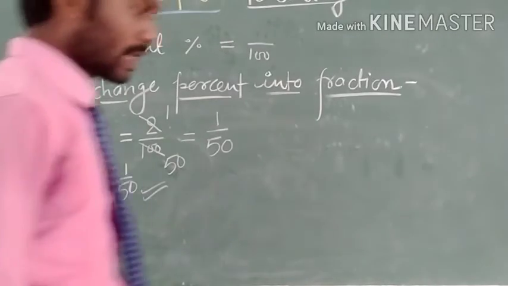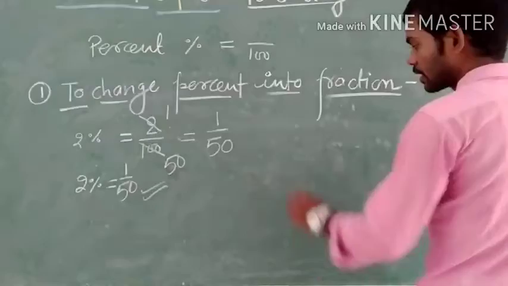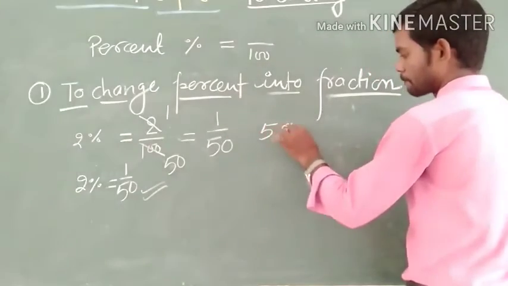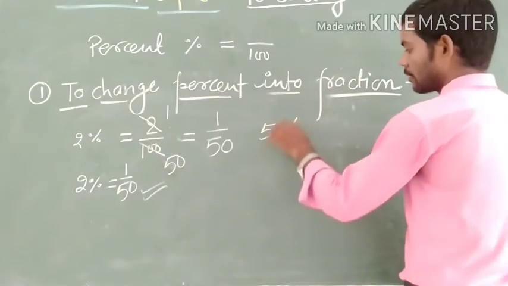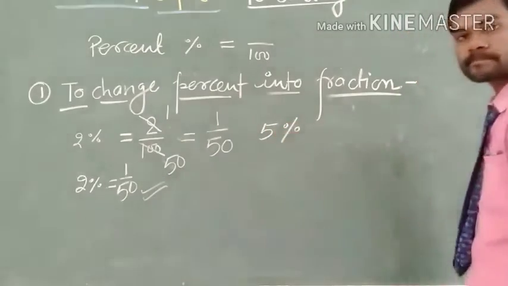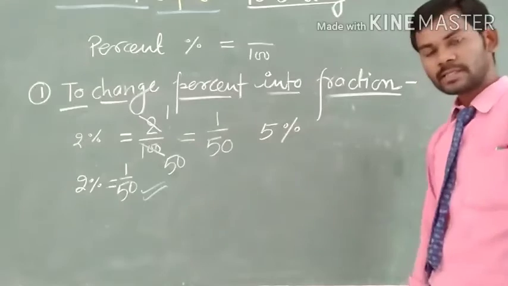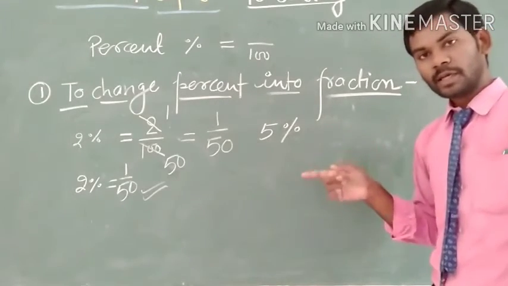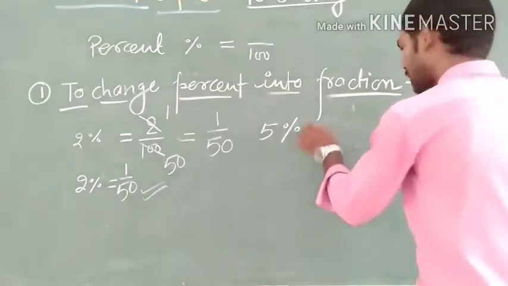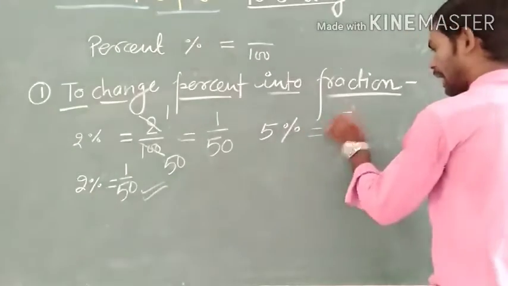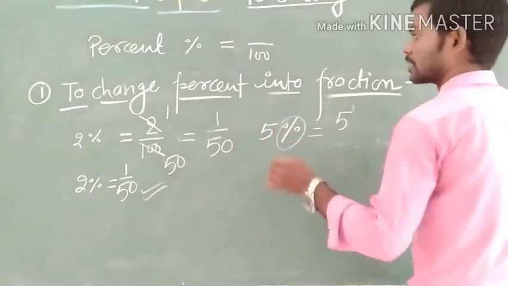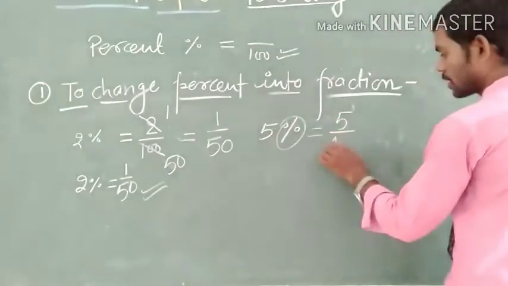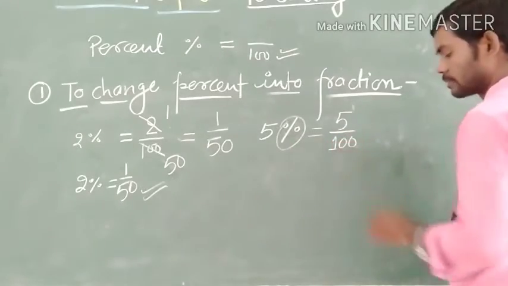Okay, now let's see the next. If I write 5%, we have to change this 5% into a fraction. For this, we write here 5, and the meaning of percentage is upon 100. So we write here upon 100.